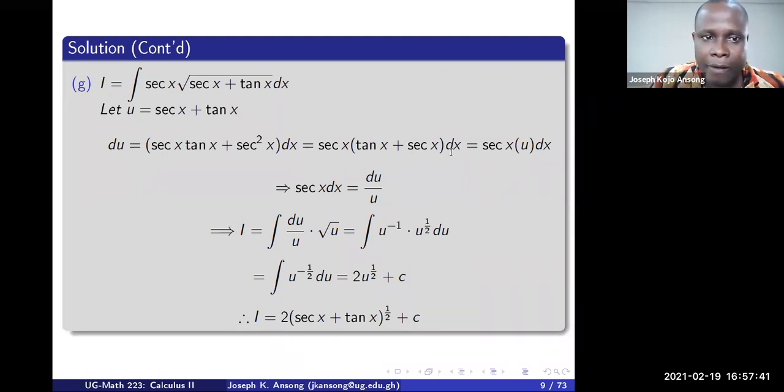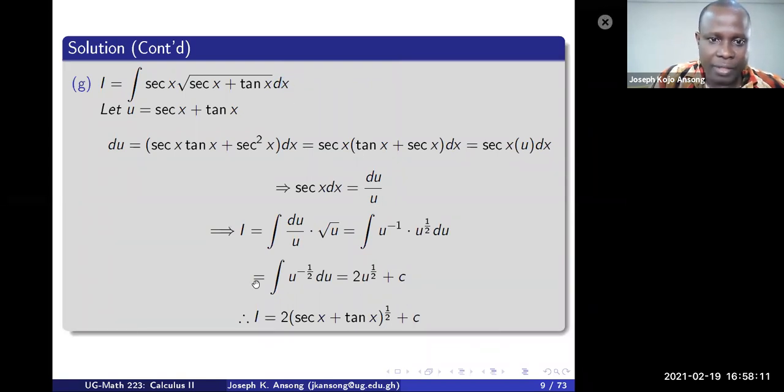Now we just said tan x plus sec x is u, right? So all of this is u, so I have u times sec x dx, which implies that sec x dx is equal to du over u. I'm just taking this u over here. So you see, this sec x dx becomes du over u.